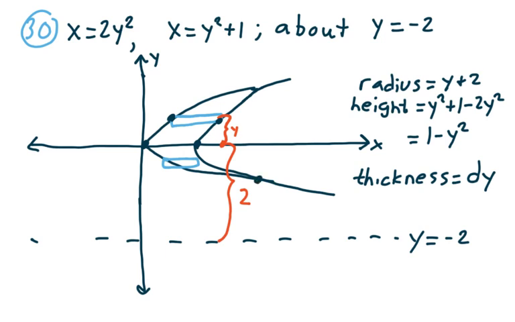I need to set those two functions equal, and remember, they are functions because x is a function of y. So I set 2y squared equal to y squared plus 1. So y is plus or minus 1.